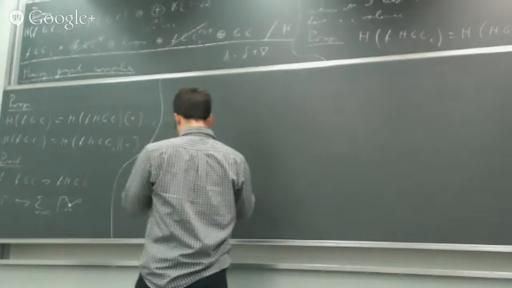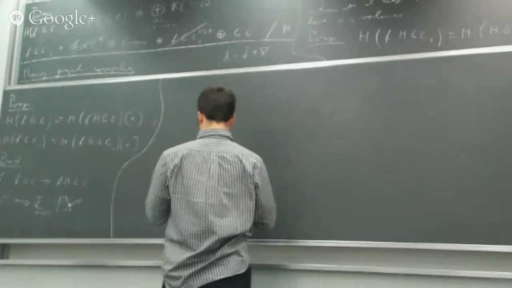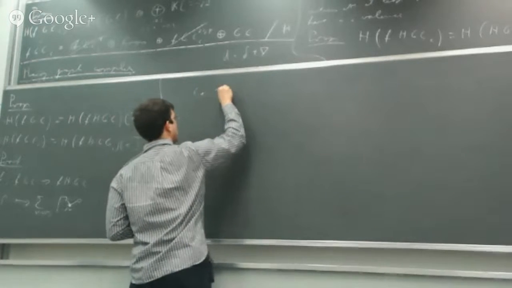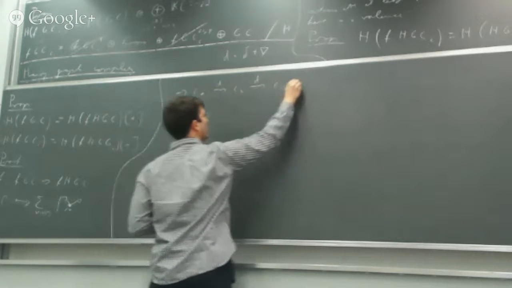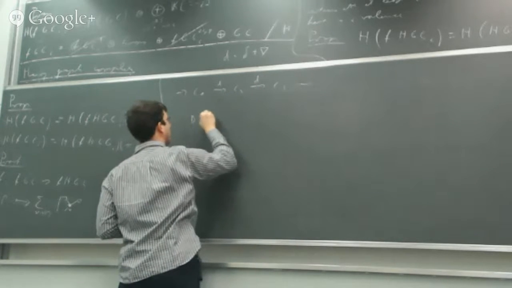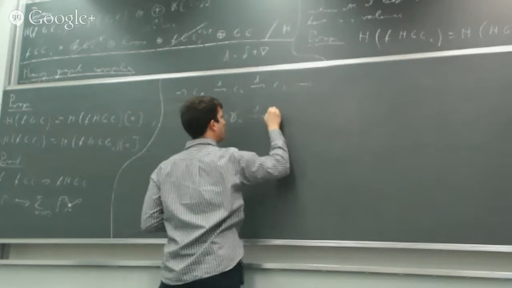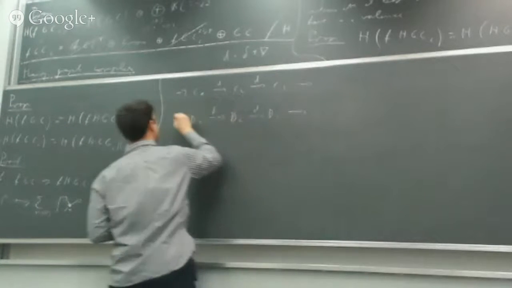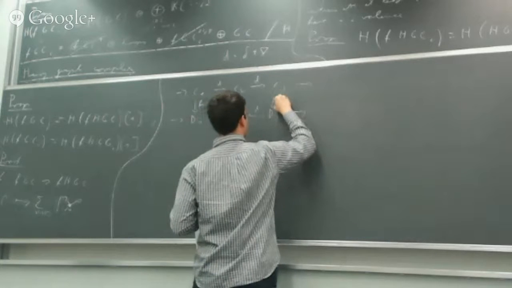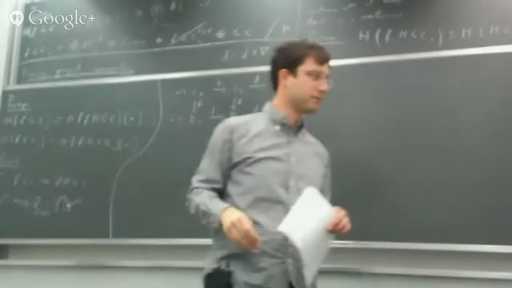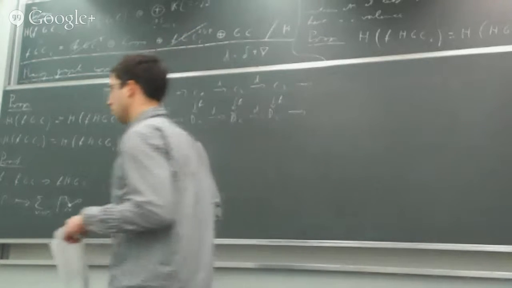First, I will show what a mapping cone is. Maybe you know it. So if I have two complexes, C1, C2, C3, with differentials D1, D2, D3, and there is a map F. Where is the chalk? There.